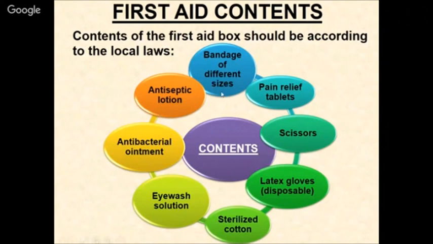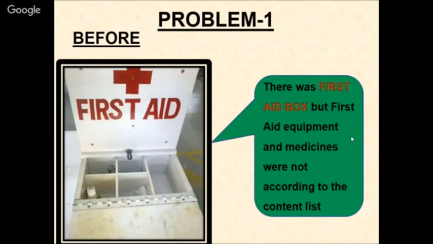So there has to be some bandage, and that bandage has to be of different sizes, not only of one size. Antiseptic lotion, antibacterial ointment, some eye wash solution, sterilized cotton, some disposable gloves, scissors, and pain relief tablets. So these are some of the standard specifications for first aid boxes.